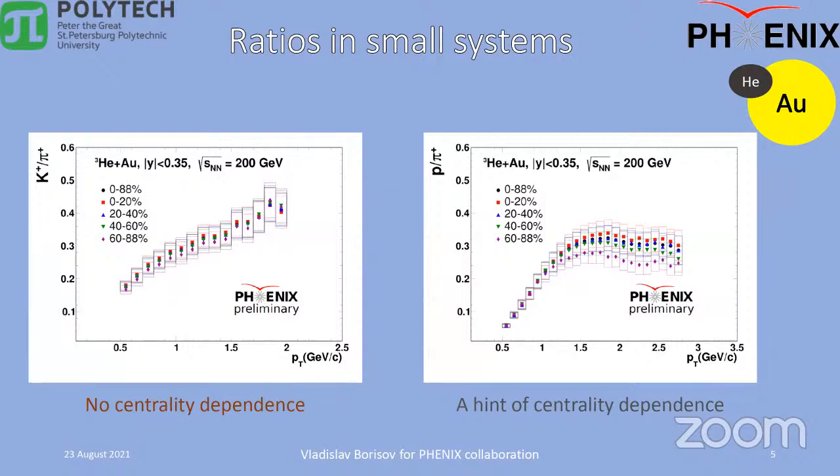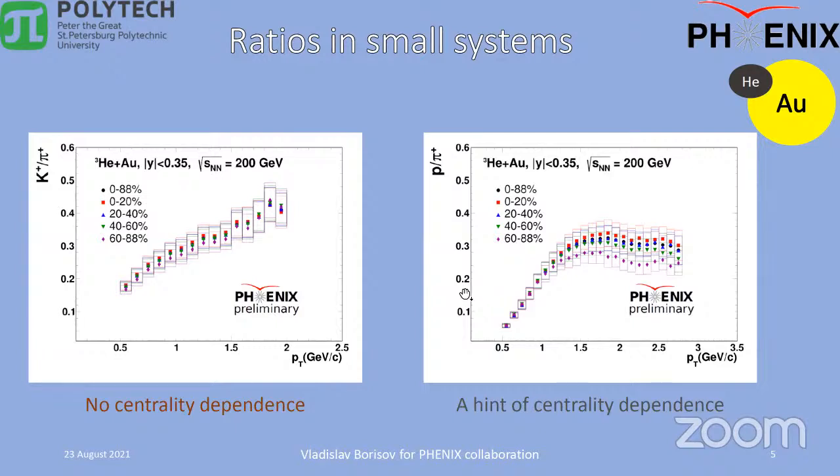New results on charged hadron production in helium-3+Au collisions are presented. As one can see, neither the K to pi ratio nor the proton to pi ratio shows any centrality dependence. In heavy ion collisions, the proton to pi ratio shows larger centrality dependence, while the ratio of two mesons such as K to pi ratios doesn't show centrality dependence.